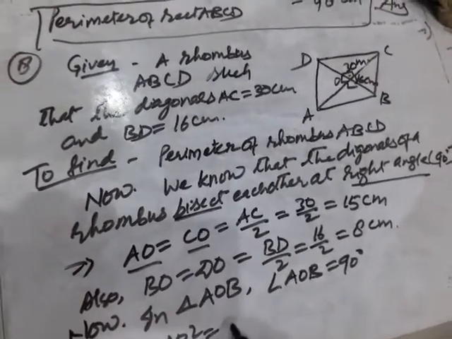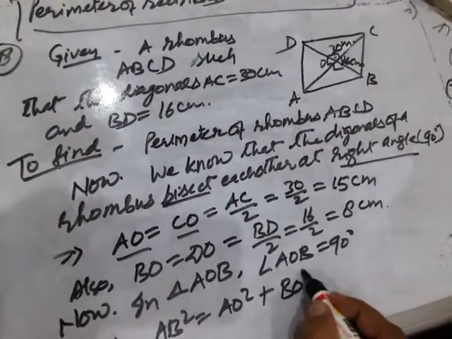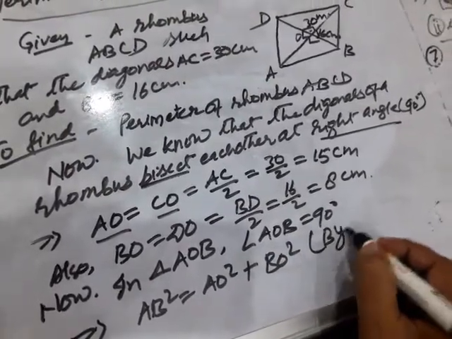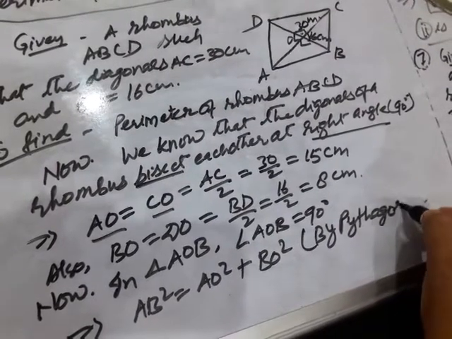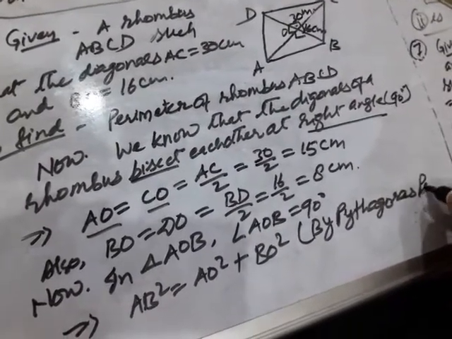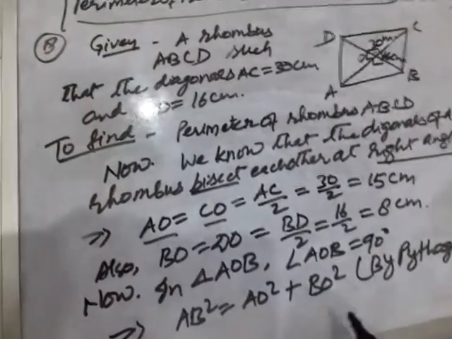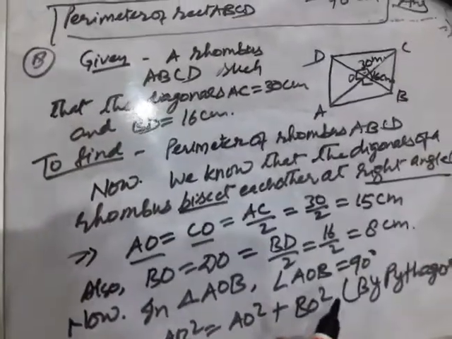Then AB square equal to AO square plus BO square. Why? By Pythagoras property.